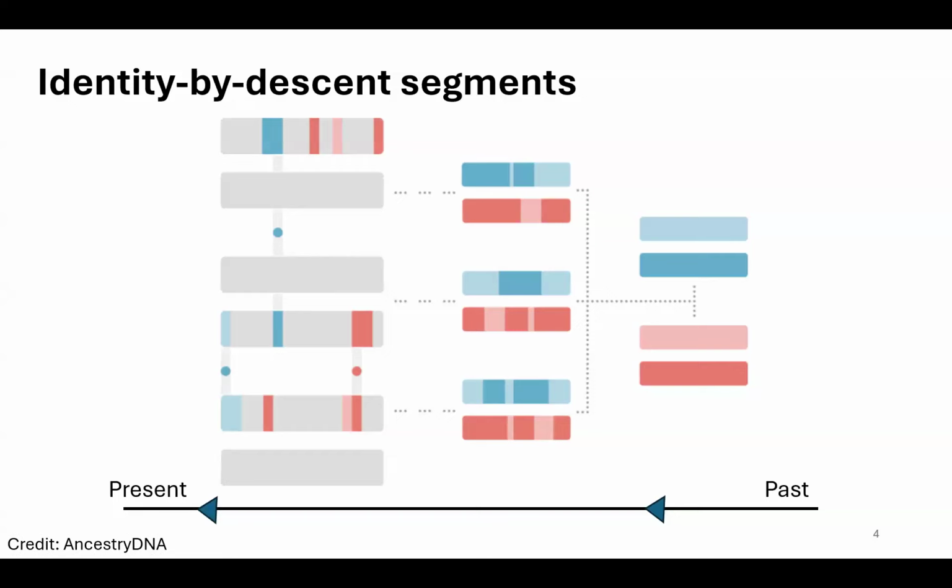So if this identical by descent stretch of DNA is long enough, there are modern algorithms that could detect these very accurately. So this diagram is actually coming from Ancestry DNA, a commercial company similar to 23andMe, who might be able to give you results like this so you can learn more about your distant family.